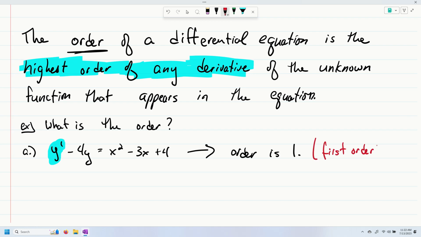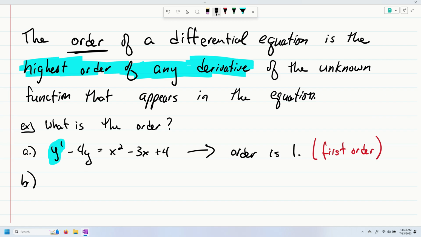First order. And yes, there are first order, second order, third order. The most famous one you probably already know and you didn't even realize it, which I'll show you at the end of this one, because I got 2 more examples here.